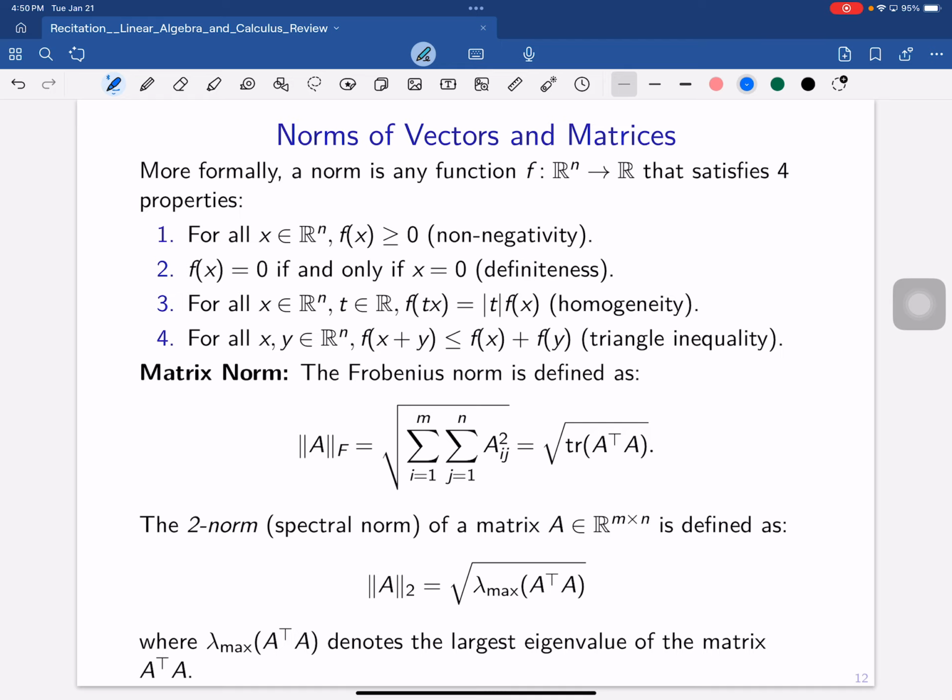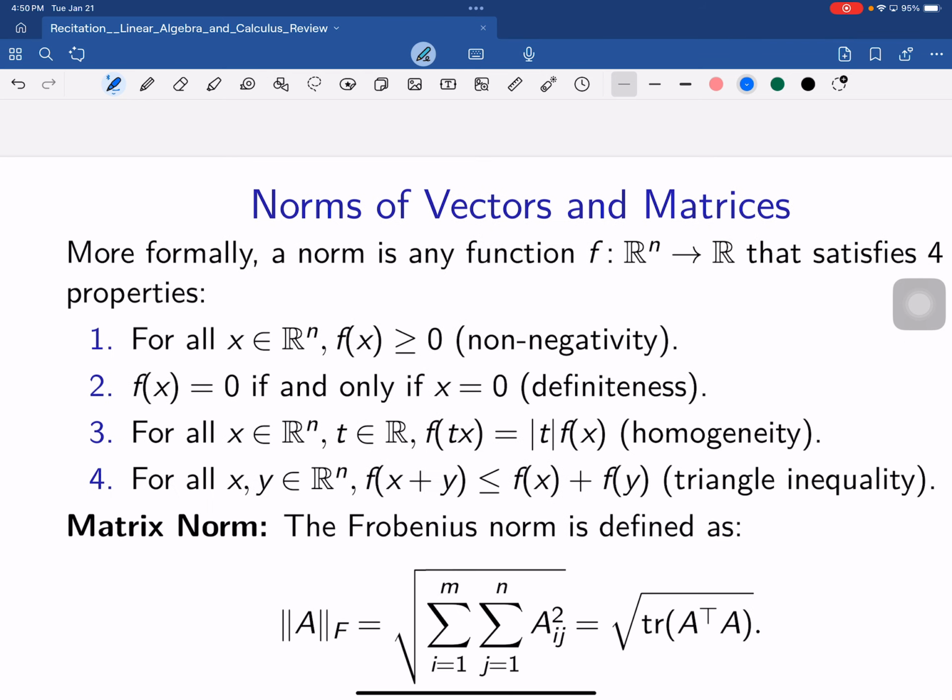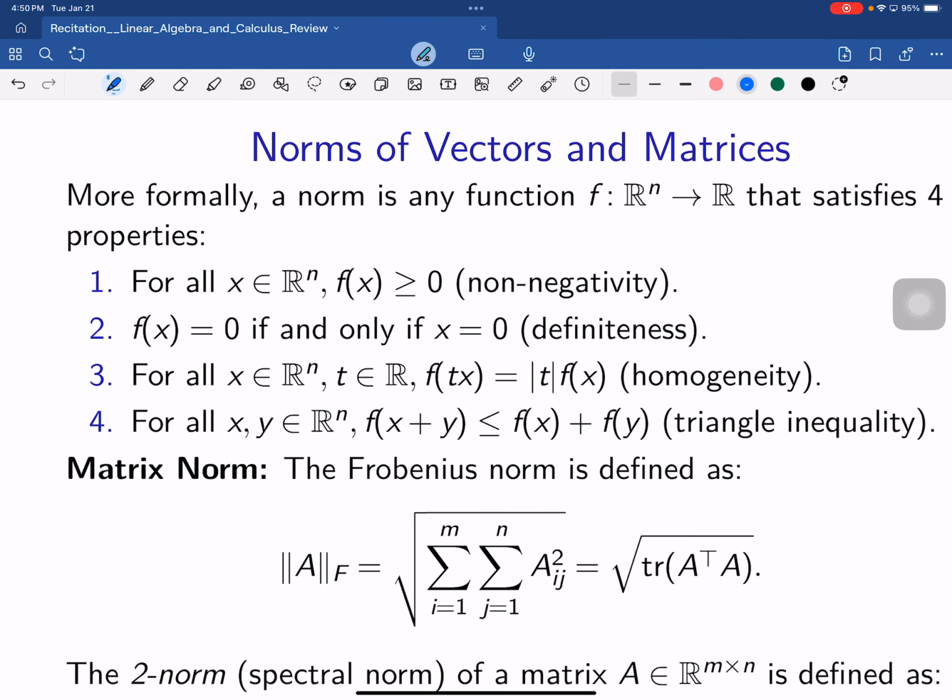So before we go to matrix norm, let's take a look at these definitions. It says for any function from Rn to R, if it satisfies these 4 properties, then it is a norm function. So first, any norm should be non-negative, right? Since you can think about the intuition that a norm defines a distance, it is non-negative.